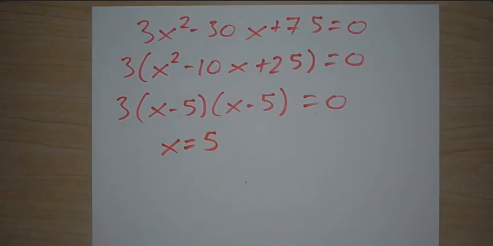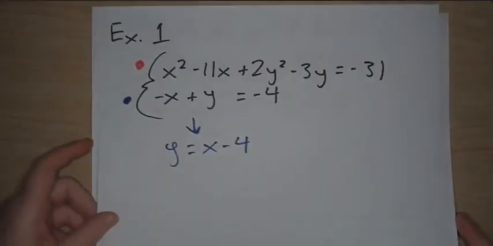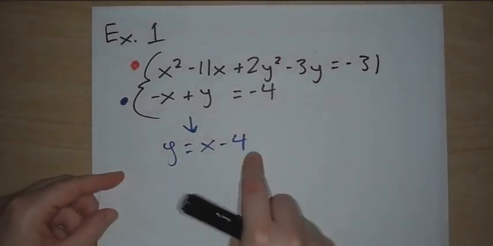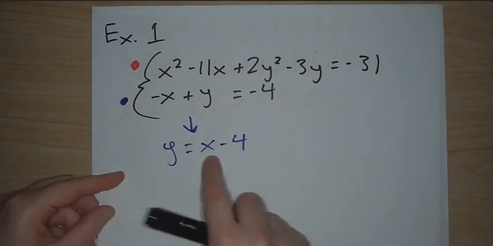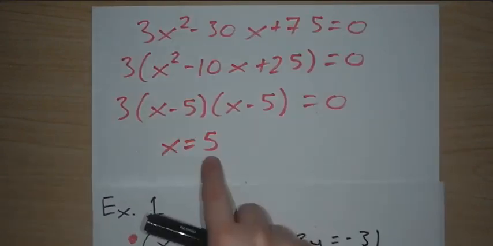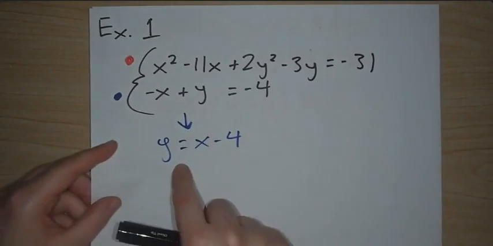Now that we've solved for x, which is positive 5, we need to go back to our equation for y. We can simply substitute our x, which is 5, into our equation for y.